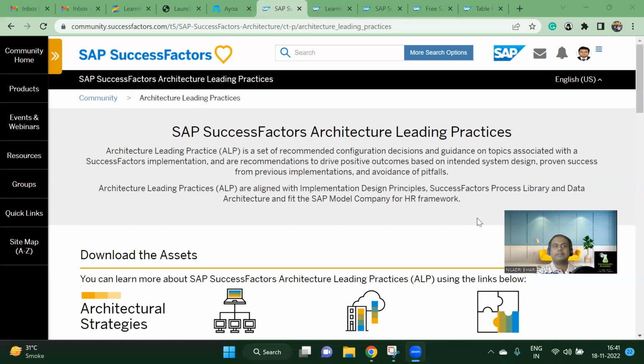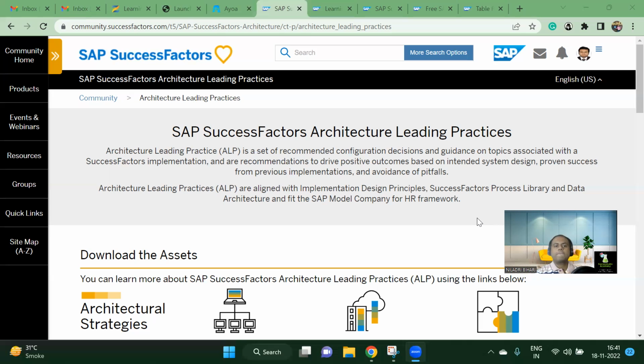Many times, consultants implement whatever the clients ask. They do not understand the why behind it. So understanding why the customer is asking, whether there is any other way of doing it, and what those design principles are, all of that is covered in these topics.